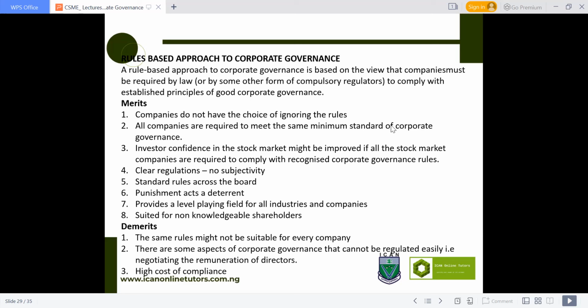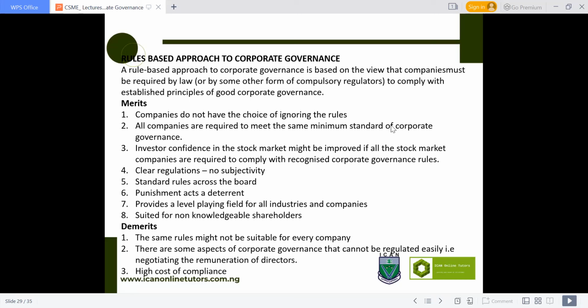So what are the advantages? There's already a code that every company must follow regardless of the nature of your business or the size of your company. What are the disadvantages also attached to it?